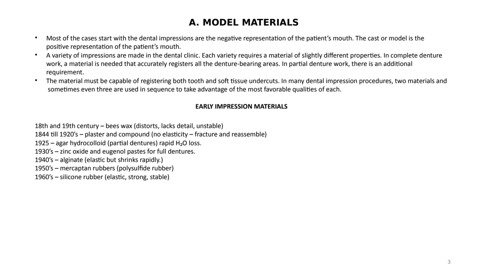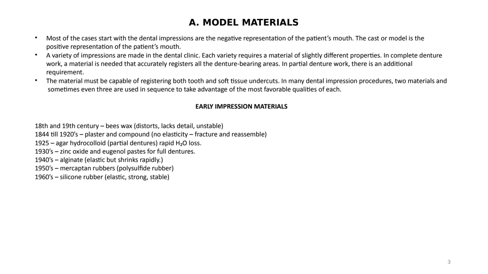For instance, in complete denture material, it needs to be very accurate, especially when we're talking about dentures, we have to have that accuracy of the sulcus or the borders, because those are the areas that give the denture stability and retention.